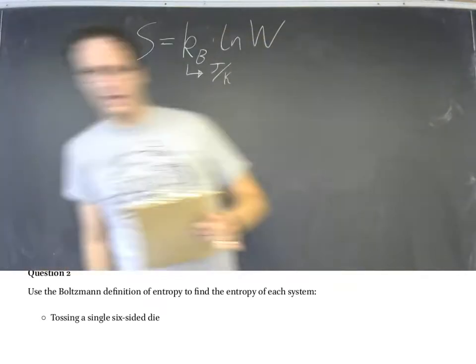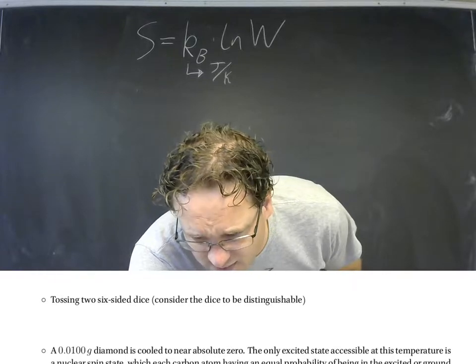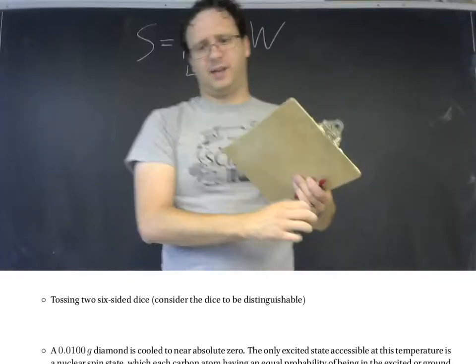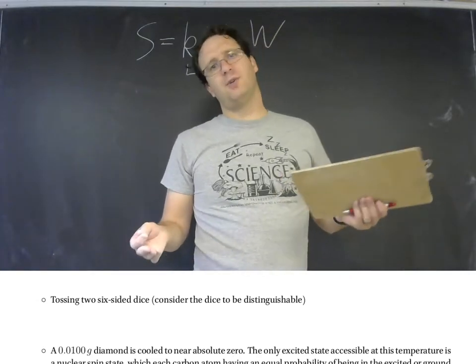Well, what if I add a second die? So now we're rolling 2 dice. So we're going to toss 2 6-sided dice, and we're going to consider the dice to be distinguishable.